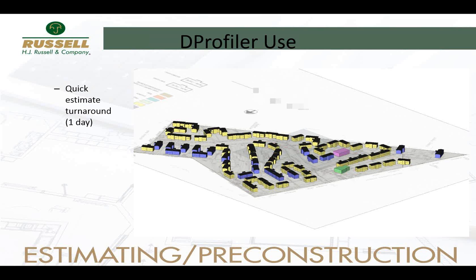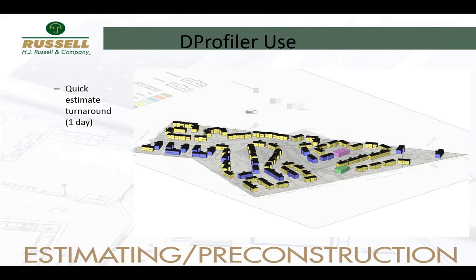Due to the time constraints, like I said, it was a one-day turnaround, and that one day was the day before Thanksgiving. So it was actually, I would say, a half a day turnaround, just because of the holidays. But it was perfect to use DProfiler to start a cost model with.